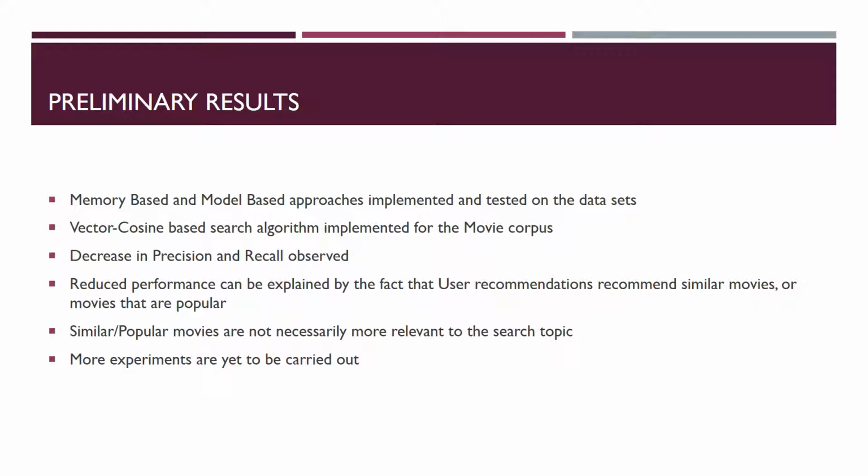What was observed is that, using either a memory-based or a model-based approach, there is a decrease in precision and recall in the search results when adding in predicted weights. This can be explained by the fact that a predicted ranking is not really the same as a more relevant ranking.